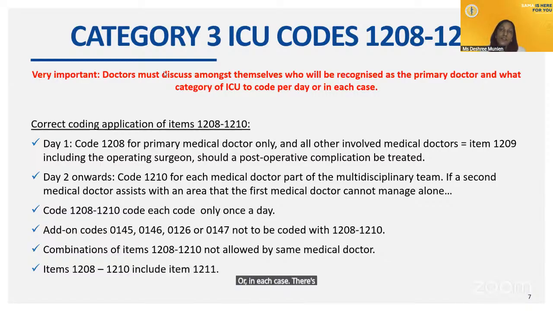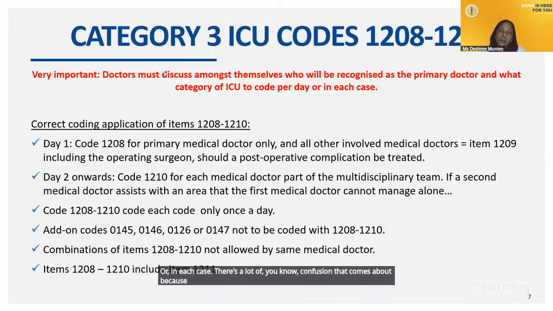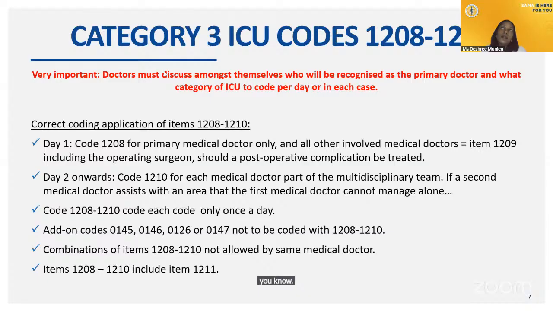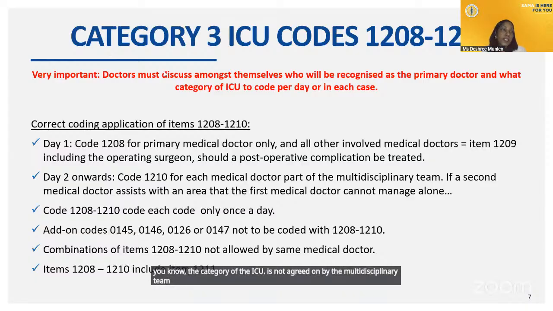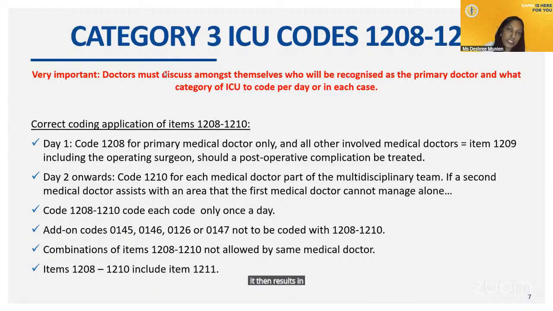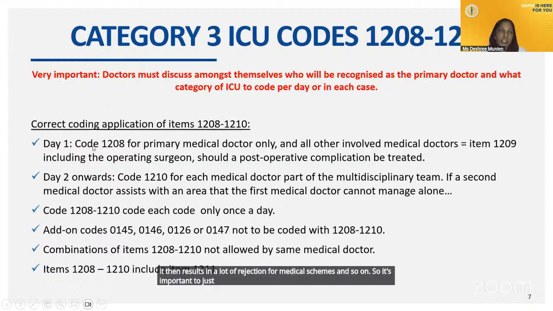There's a lot of confusion that comes about because the primary doctor cannot be identified, or the category of the ICU is not agreed on by the multidisciplinary team. So each medical doctor that is involved in the care of the patient may code a different category of ICU, and it then results in a lot of rejections from medical schemes and so on. So it's important to understand that aspect.